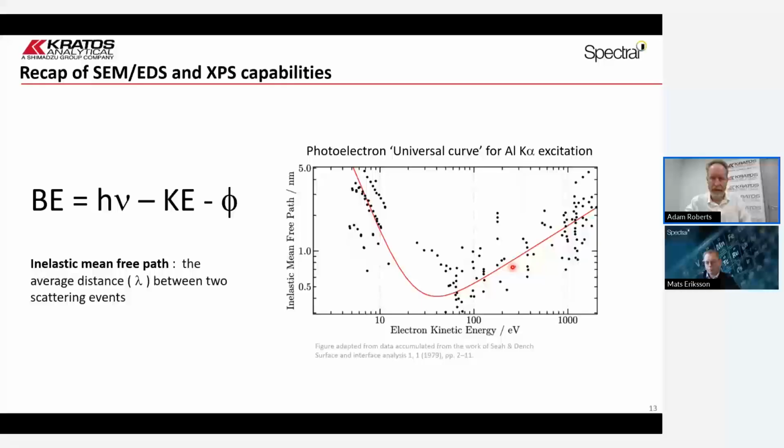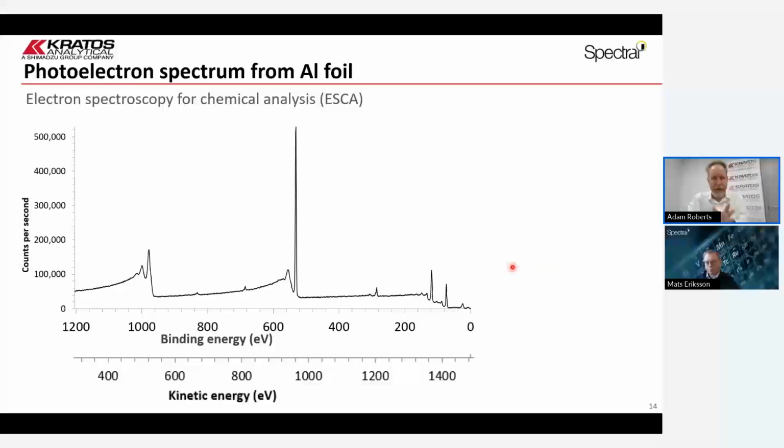So what does a typical XPS spectrum look like? Again, you're probably very familiar. This is a survey spectrum from just a regular piece of domestic aluminium foil. You can see that we have these peaks sitting on a rising background, and we can scan over the entire energy range that can be excited by my X-rays. We can also identify from those peak positions the core levels from which they were ejected.